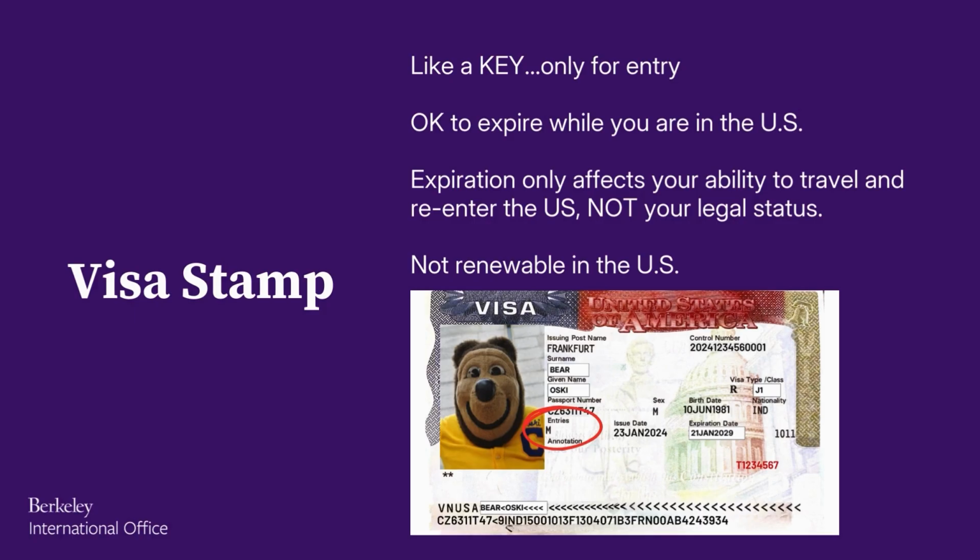If you have a number, that means that you can use that visa stamp to enter the U.S. as many times as that number indicates. For example, if your visa shows the number 1, you can enter the U.S. one time with that visa, your initial entry. If you then need to travel internationally and re-enter the U.S. for a second time, you will need a new J visa before you can re-enter.